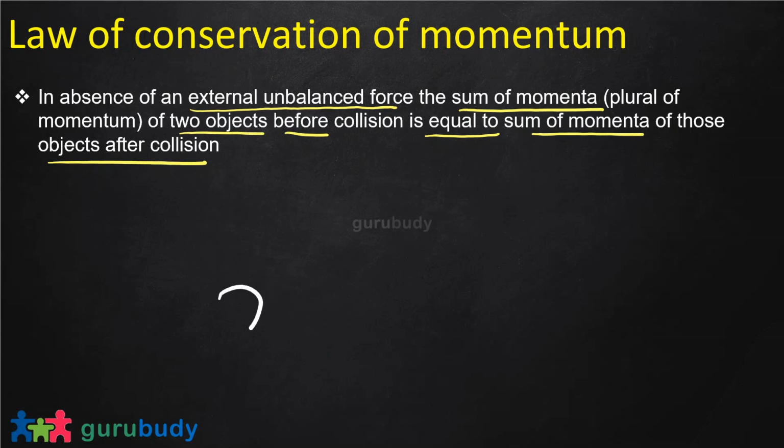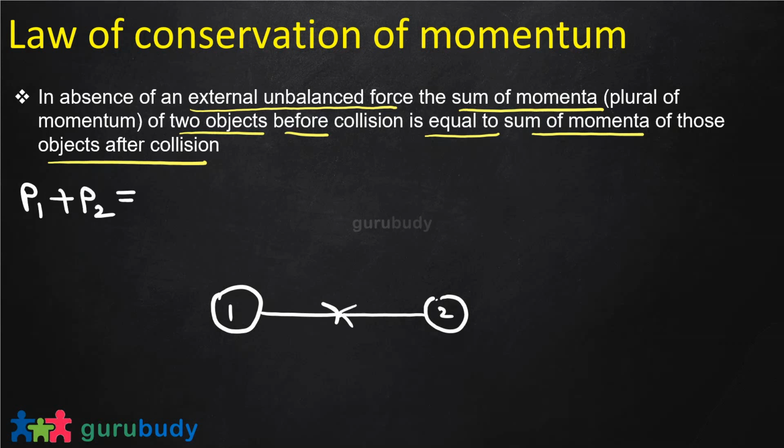Let's consider I have an object 1 moving forward with some velocity and object 2 moving backward with some velocity. Now they will collide somewhere here. What this definition is telling me is that the initial momenta of both the objects, which is p1 plus p2, is equal to the final momenta of the two objects.